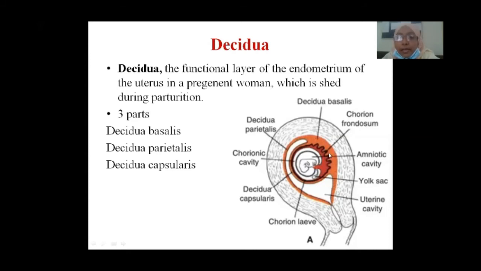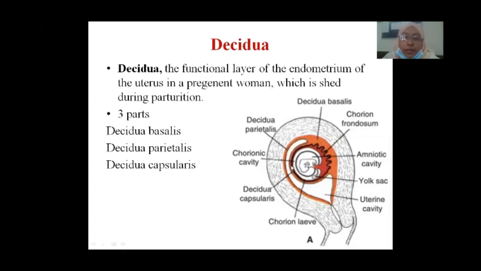And the decidua which lies adjacent to the chorionic frondosum is known as decidua basalis. Both this decidua basalis and chorionic frondosum will give rise to the placenta in future. So this is our decidua basalis, which lies adjacent to the chorionic frondosum.